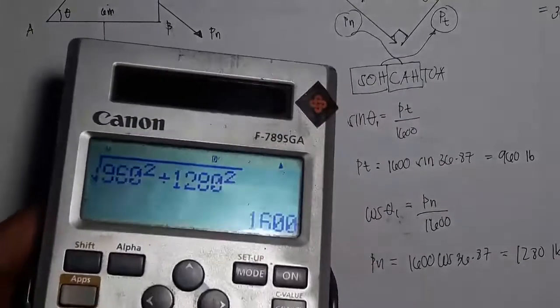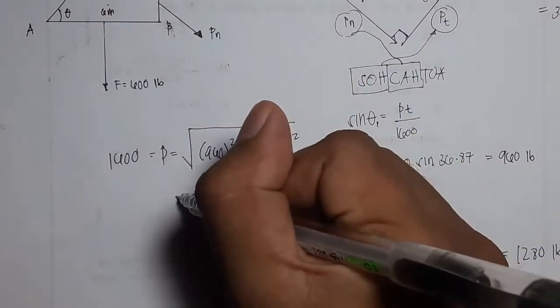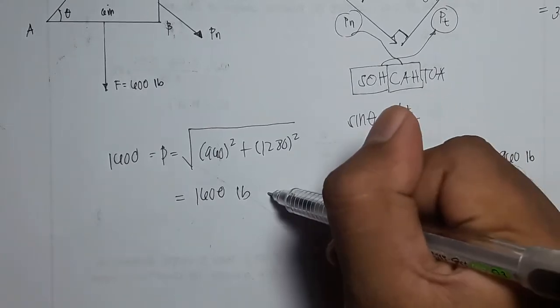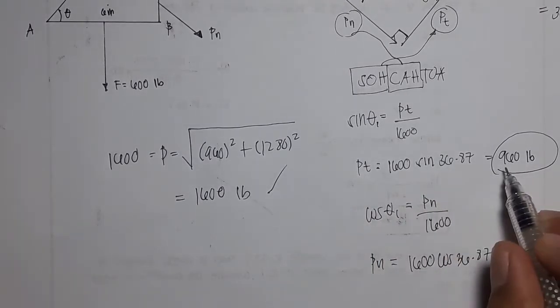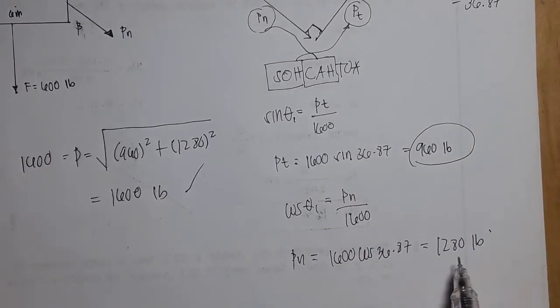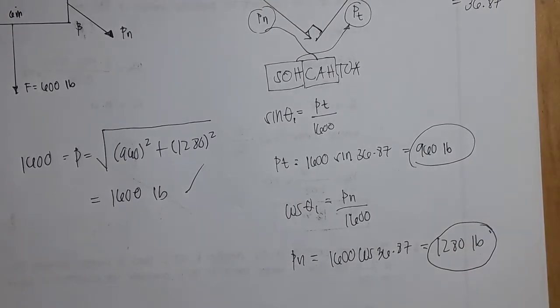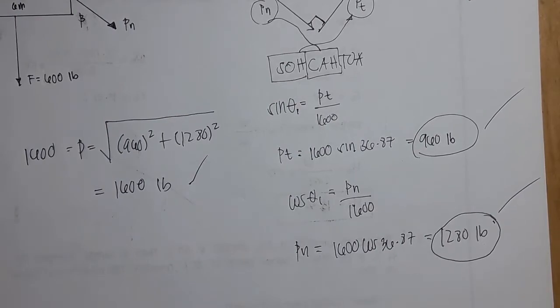So as you can see, the values are correct. So it is 1,600 pounds. So the values of the tangential force and the normal force, the normal component and the tangential component, are correct.